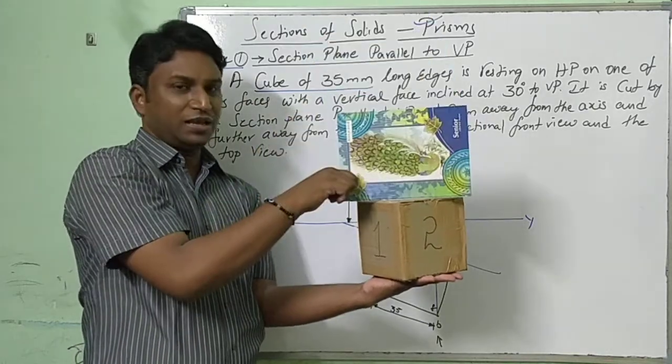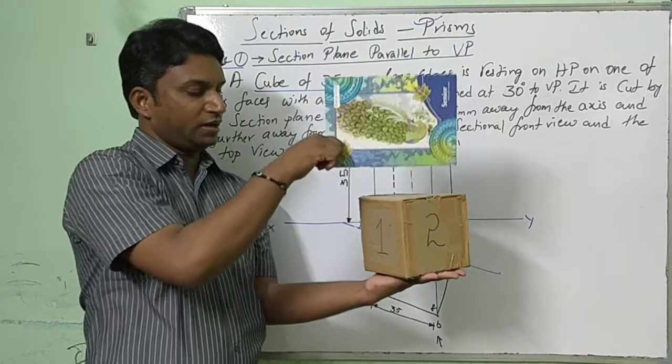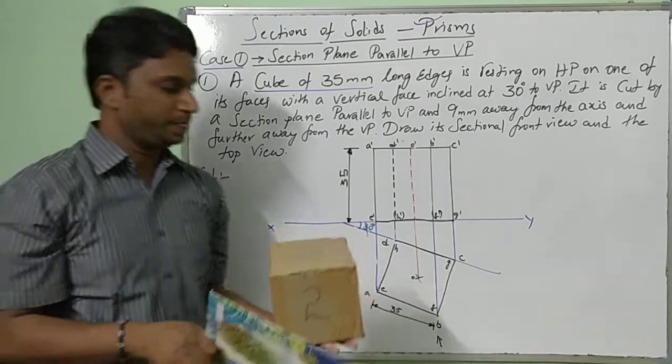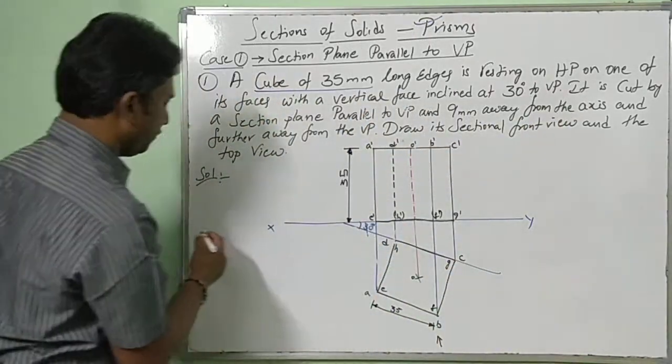Sectional: if I cut here, what will the front view look like? If I cut here, the sectional top view. Remember what are the 3 steps which we have to do?